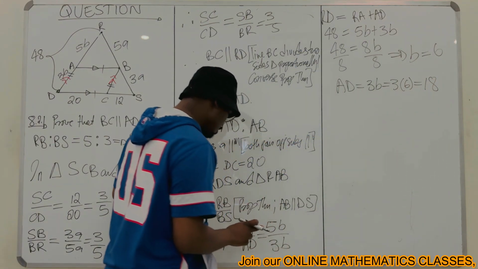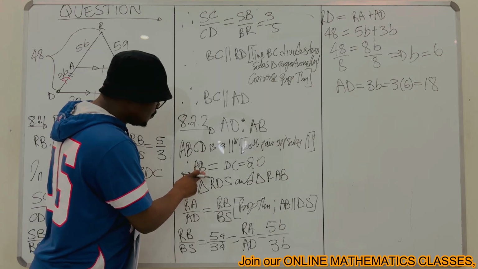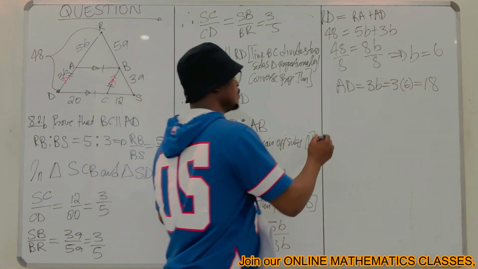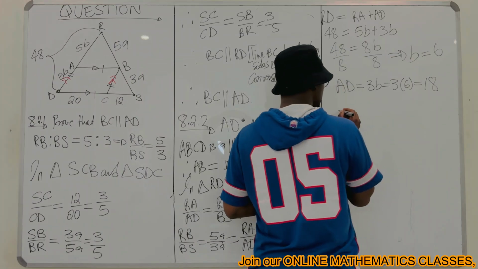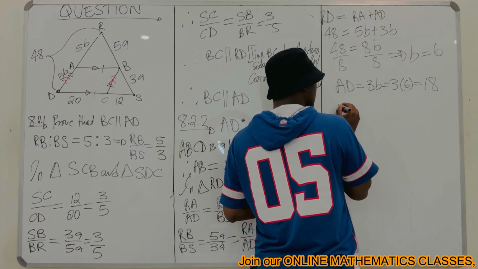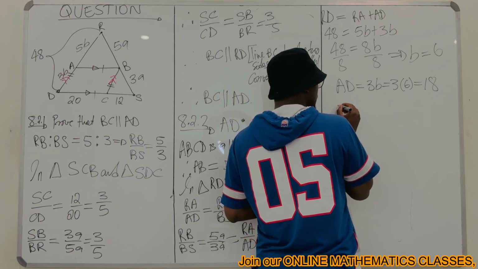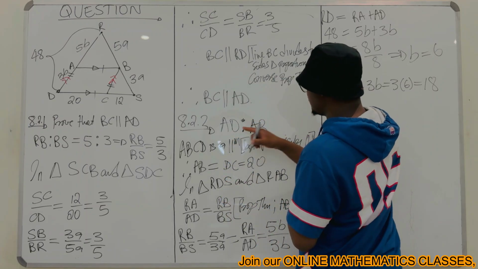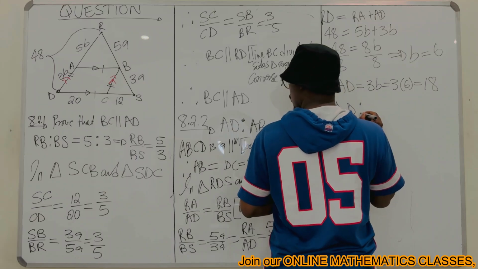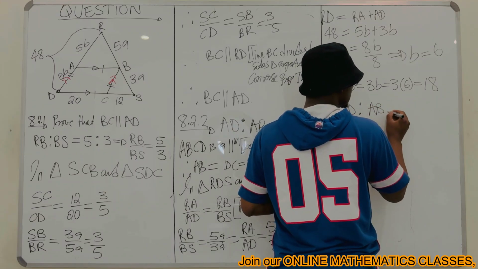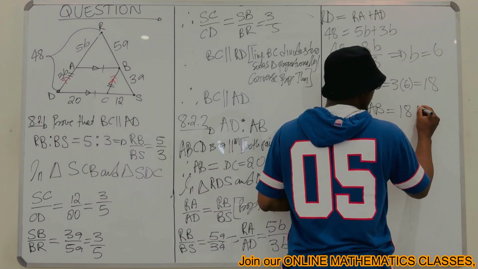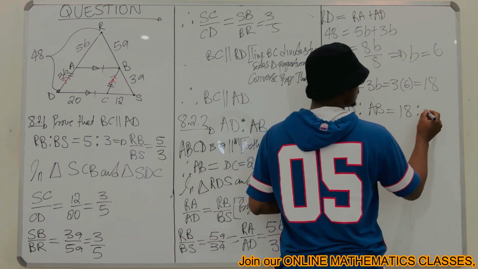So you have your AB to be 20, you have your AD to be 18. So you want the ratio of the two. You want AD to AB, which is equal to, your AD is 18. Your AB is 20.